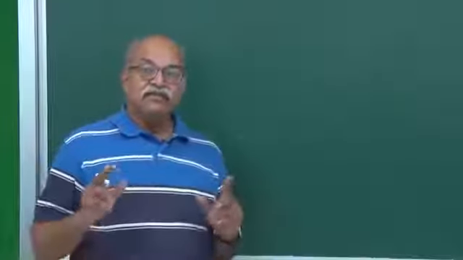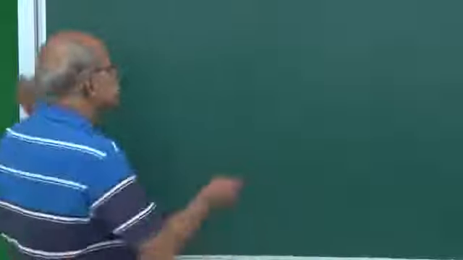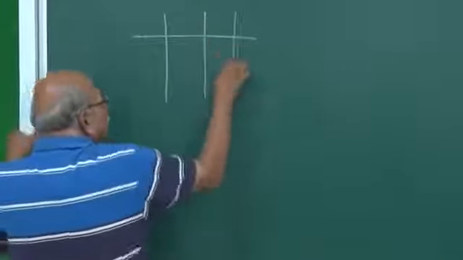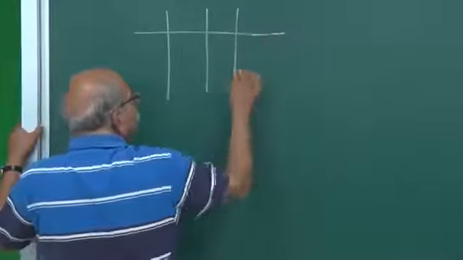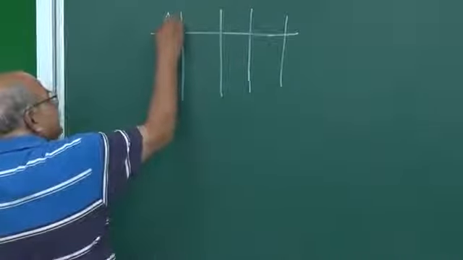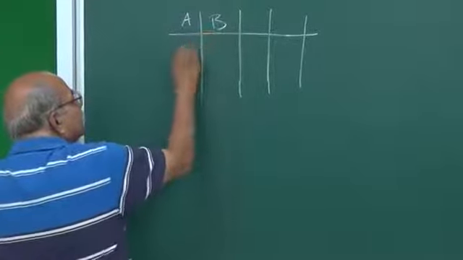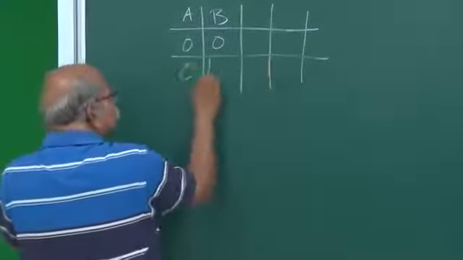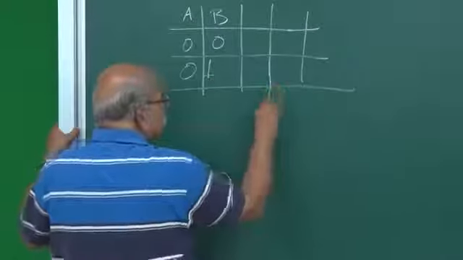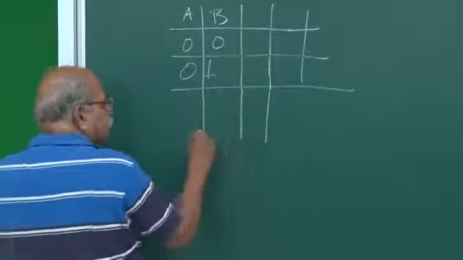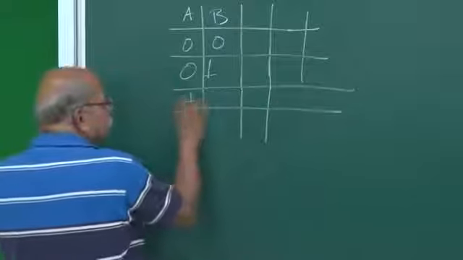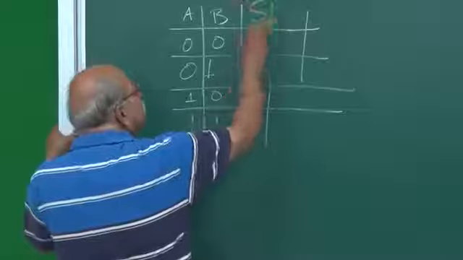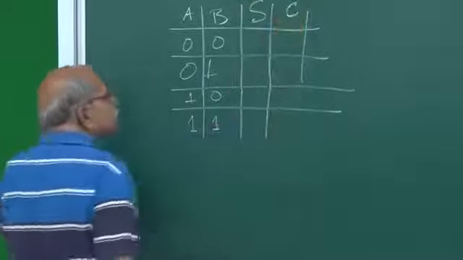So, when you add two binary digits, you have two output results, and this is, let us say, A, this is B. So, it can be 0 0, or 0 1, or 1 0, or 1 1, and then you have sum and then you have carry.